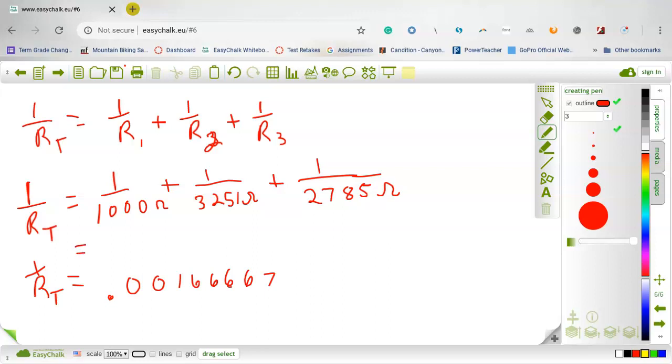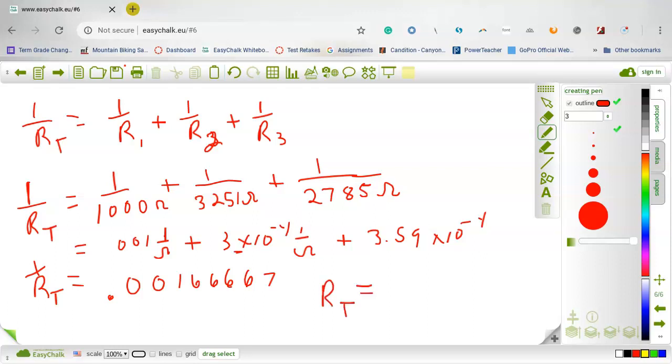So this is 0.001, that's 1 over ohms, plus 1 over 3251 is 3 times 10 to the negative 4th, 1 over ohms, plus 1 over 2785 is 3.59 times 10 to the negative 4th. There's some decimals here, but I'm leaving those off because we're running out of room. So that's our 1 over.